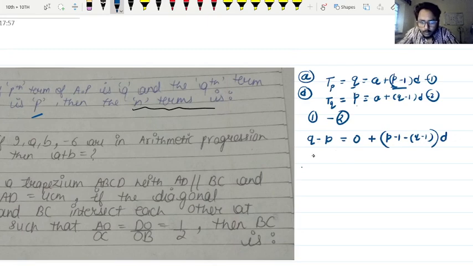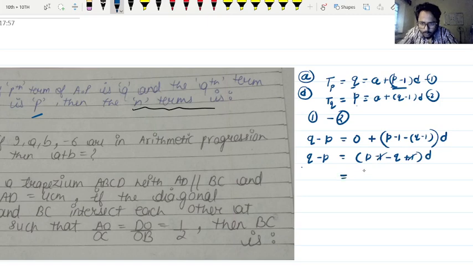Now this is q minus p equals, you can see in the bracket that p minus 1 and minus comes under the bracket, that makes minus q, and minus 1 multiplied by the minus 1 will be plus 1. Okay, multiply by d, 1 will be cancelled out.